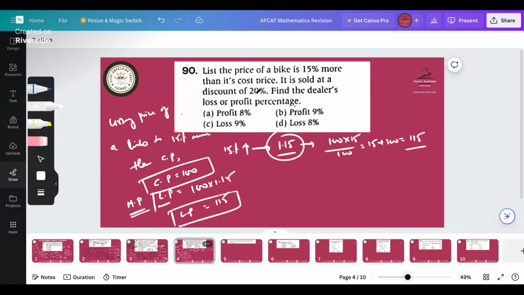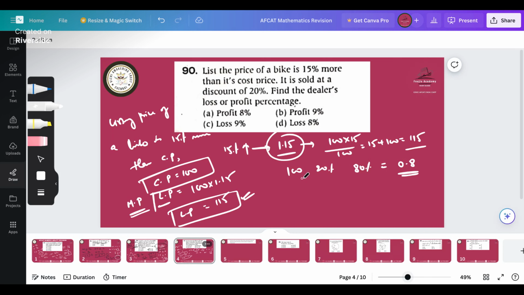It is sold at a discount of 20%. Now this discount will happen from where? From the listing price. 20% discount means how much did you sell it for? Had it been 100, you gave 20% discount, that means 80% remaining, that means 0.8 remaining.